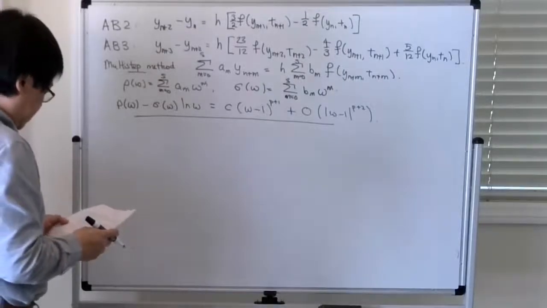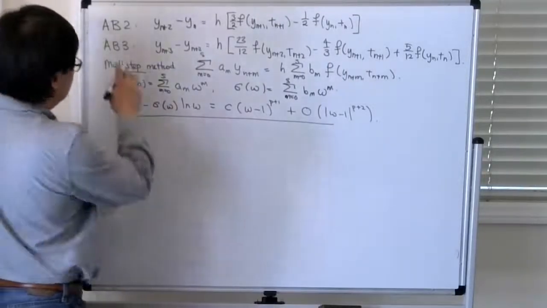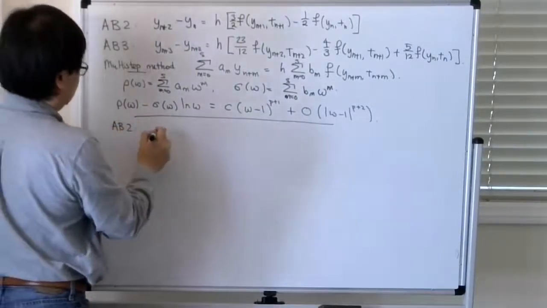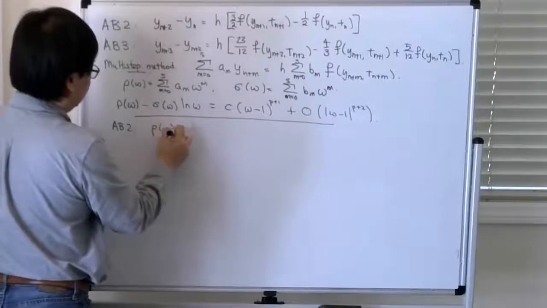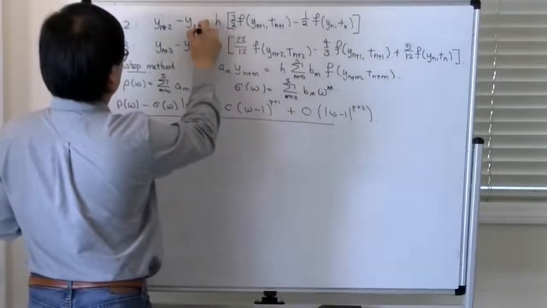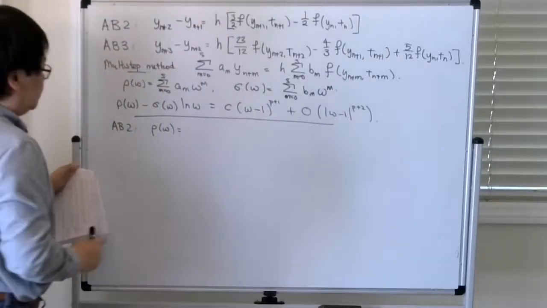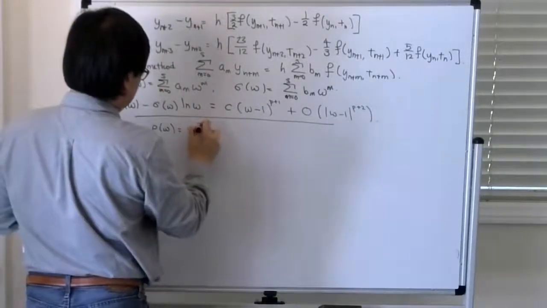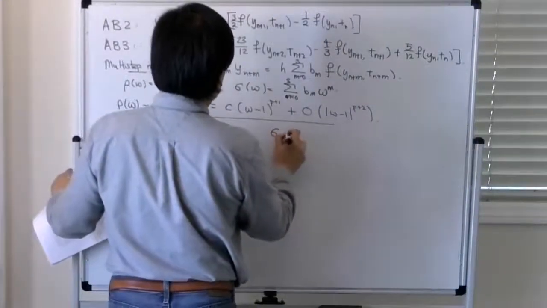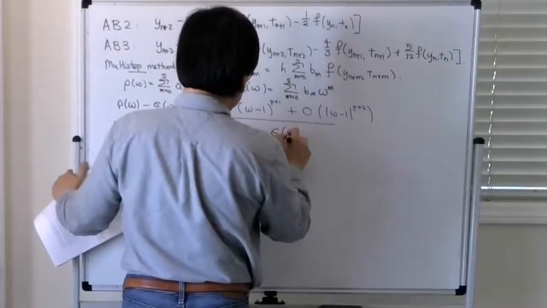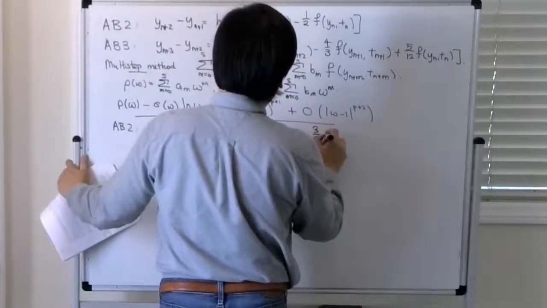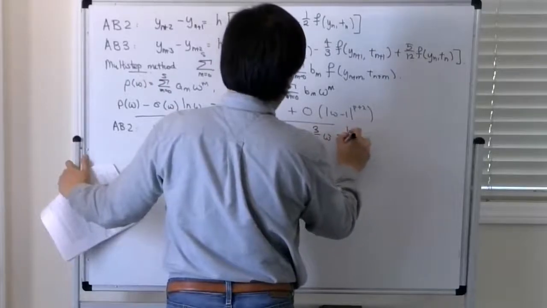Okay, so for Adams-Bashforth 2, rho of w is going to be w squared minus w, and then sigma of w is going to be 3/2 w minus 1/2.